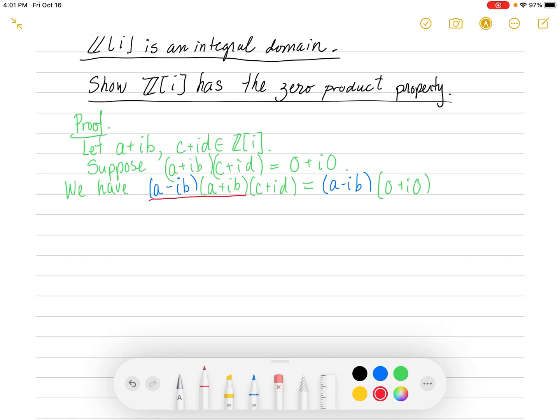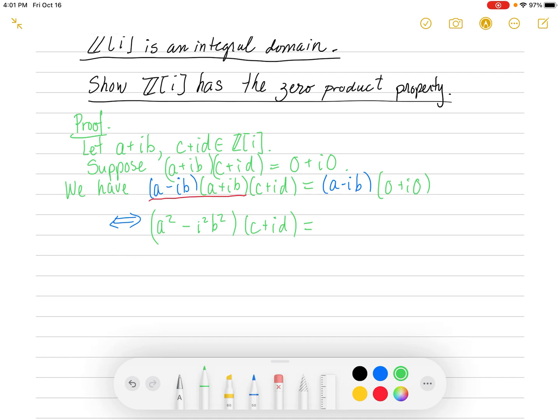So when you multiply these together, this is just the difference of squares factorization. The difference of squares here would correspond to a squared minus i squared b squared.